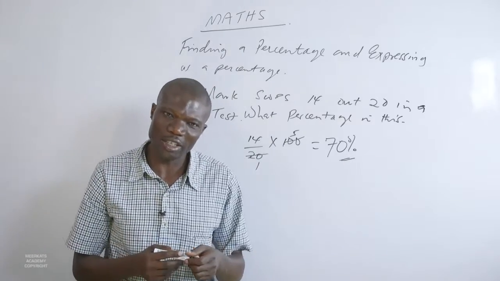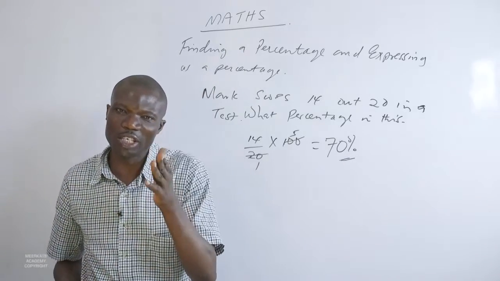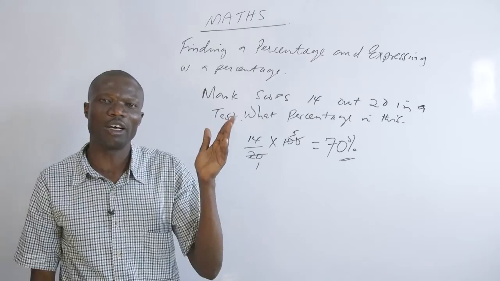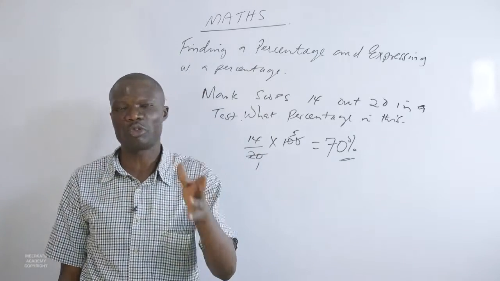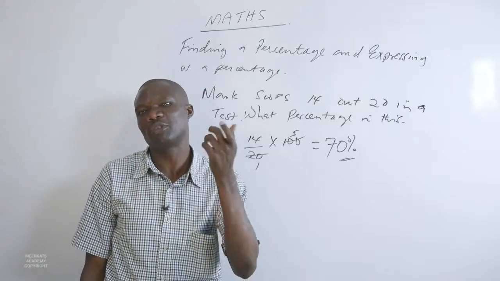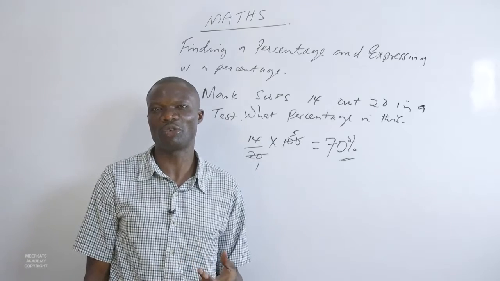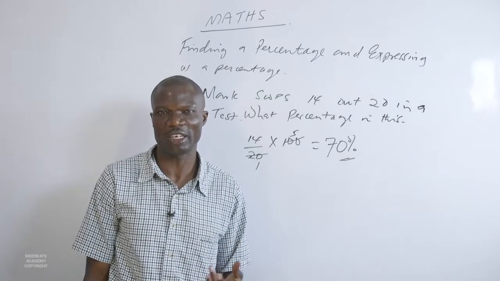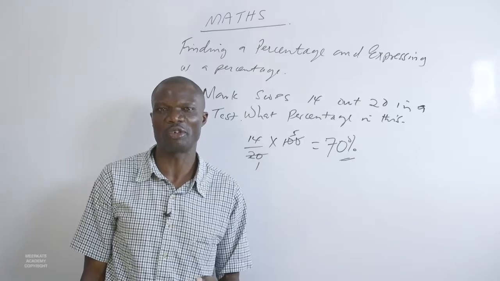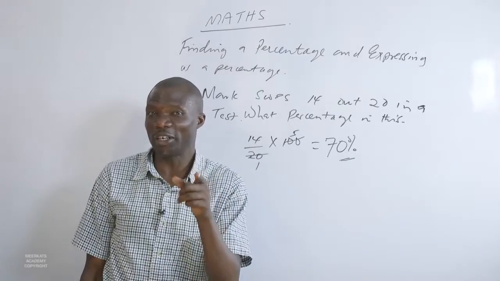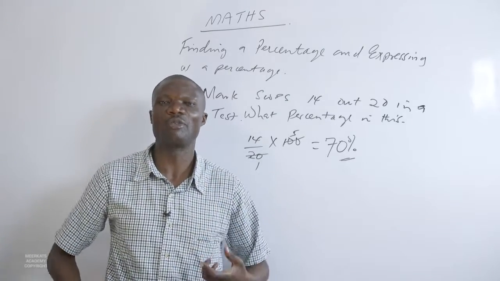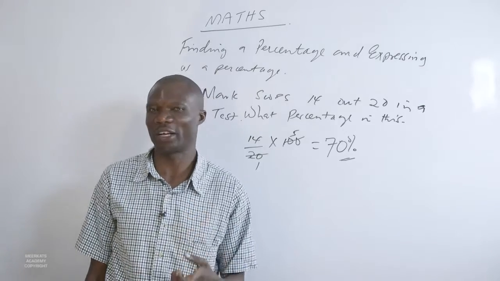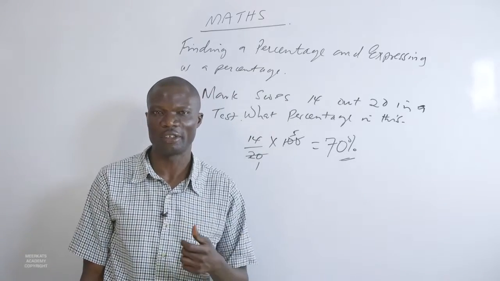So a test that you scored 14 out of 20. You see, when I tell you that you have scored 14 out of 20, even some of you will not feel the impact. You will feel like that test was so low, you're not proud of your marks. But if I tell you you scored 70%, you feel some weight. You feel like, yes, I've tried.